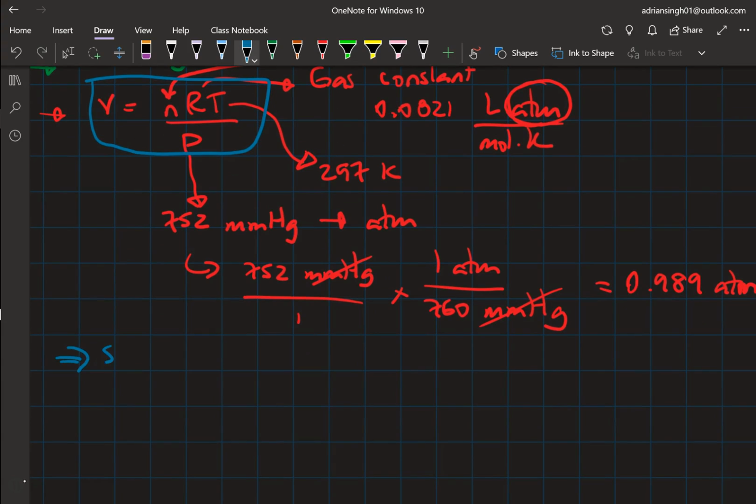So we substitute those into our equation.